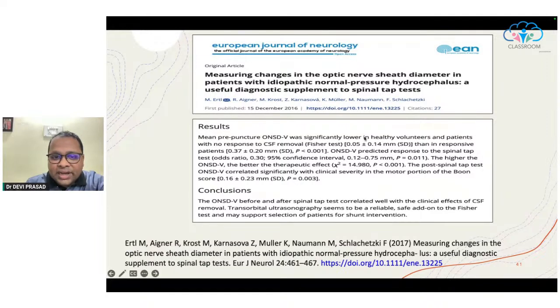They concluded that the ONSD values before and after the spinal tap test correlated well with the clinical effects of the CSF removal, and transorbital sonography seemed to be a reliable and safe add-on to the Fisher test and may support selection of patients for shunt intervention. So in patients in whom a puncture was done and we could see a significant decrease in the ONSD values, those patients fared well when a definitive shunt was done.